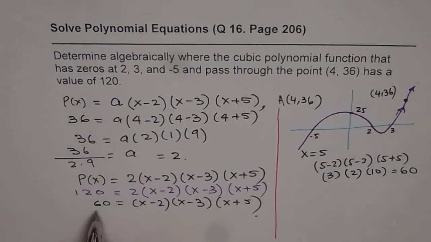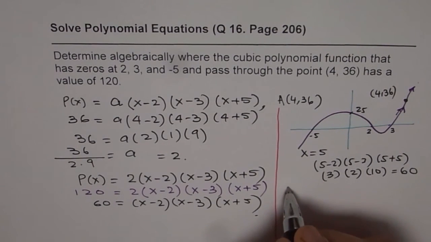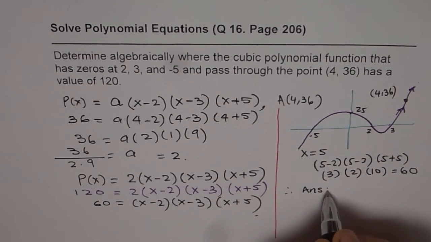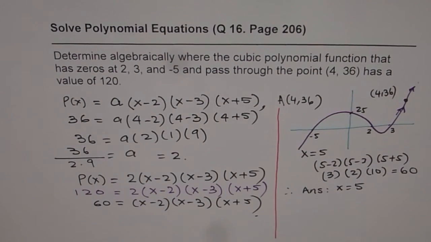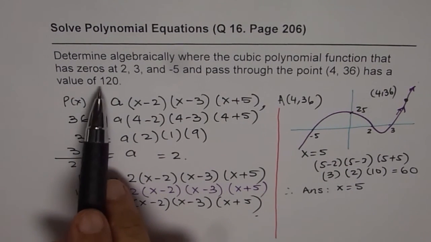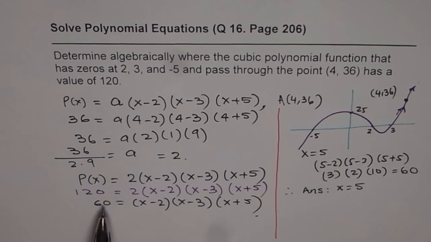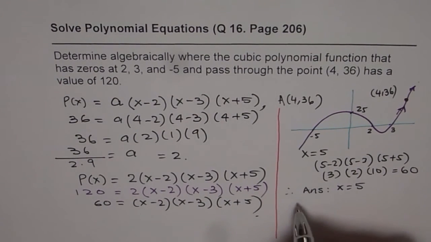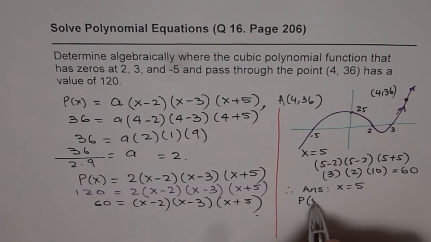Fortunately it is 60, and therefore we can say our answer is x equals 5. So at x equals 5, the value of the function will be 120, since we divided by 2. So p(5) equals 120.